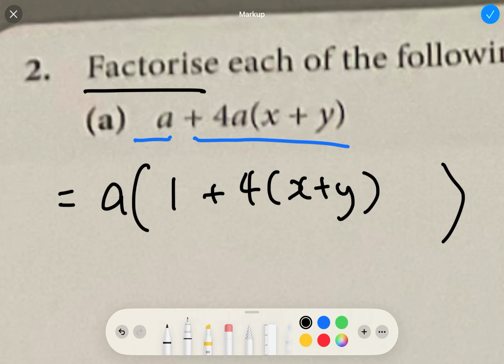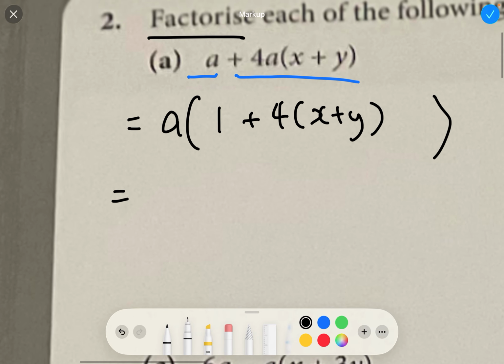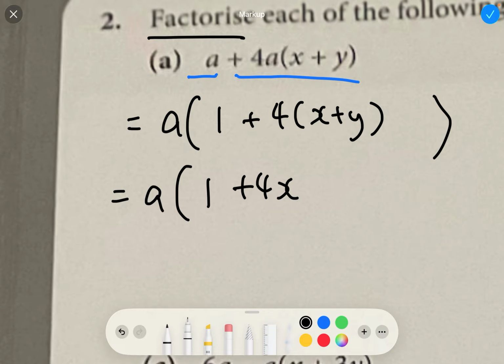Okay? But we don't want to leave the answer like that. We want to simplify as much as possible what is inside the big bracket. So, 1 plus 4 times bracket. So this part I will need to do my expansion. Then when 4 multiply x, I will add 4 multiply x. Then I also need to add 4 multiply y when I do the expansion.